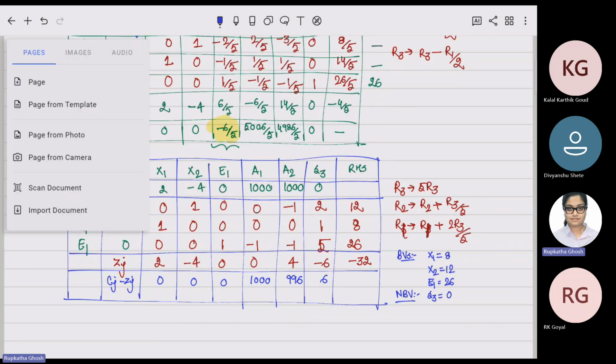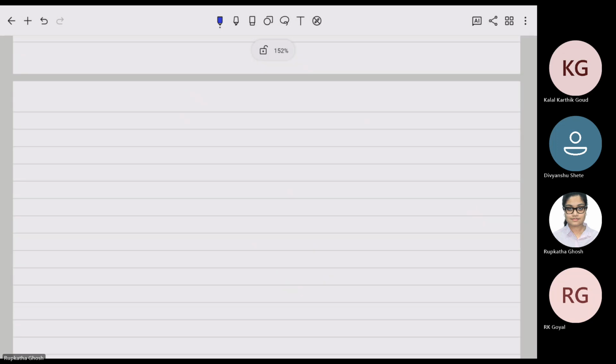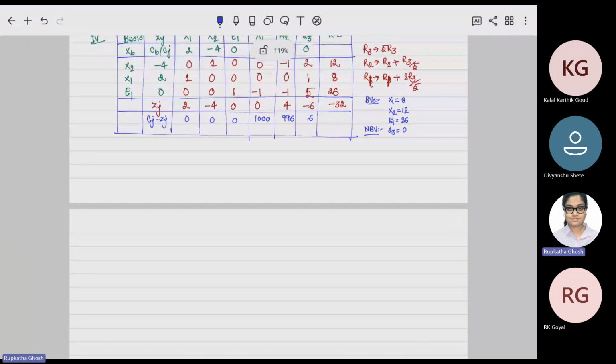Okay, I'll start the page. See, the optimal solution is non-degenerate. Why? Because the number of basic variables having strictly positive value is equal to the number of constraints in the LP model.